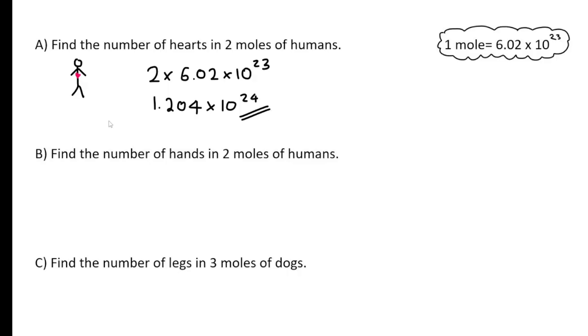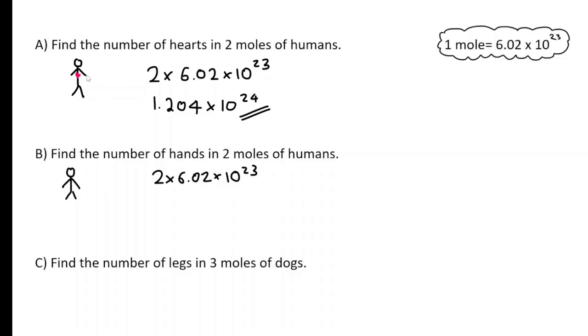Let's look at the next example, part B. Find the number of hands in 2 moles of humans. Now, 2 moles of humans is just 2 times the Avogadro's number like before. However, in the previous example, 1 human has 1 heart.